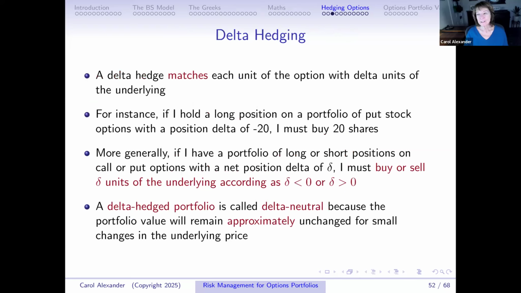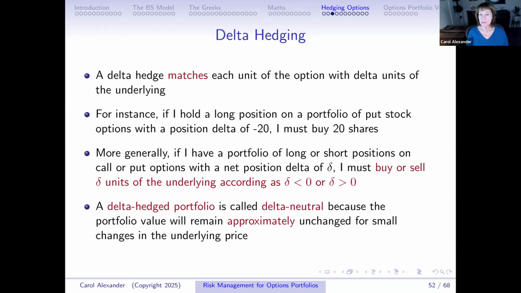So what is delta hedging anyway? It's hedging an option with the underlying. A delta hedge is designed to match each unit that you've got of the option with delta units of the underlying, because delta is, after all, the option sensitivity to one unit change.